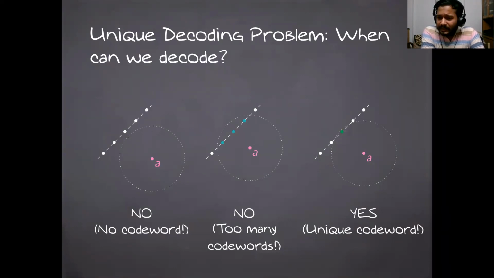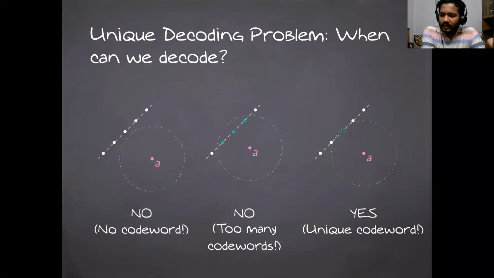The second case is the word is just too close to the subspace and there are more than one possible valid code words which are close enough to the given word. But that again is an issue for us because we would like to do decoding in an algorithmic sense and we would like to pinpoint one correct answer as the received code word. So when we have more than one which are equally close enough to the received word, the algorithm will be in a fix.